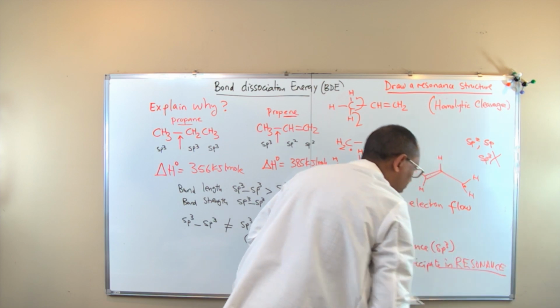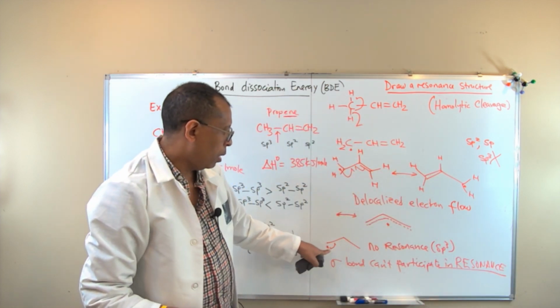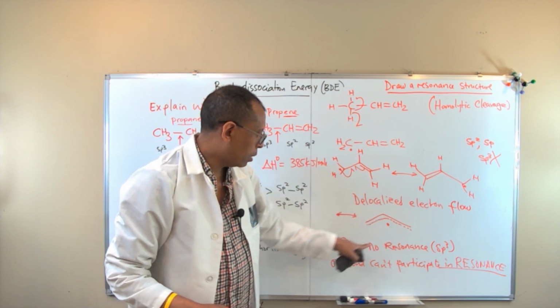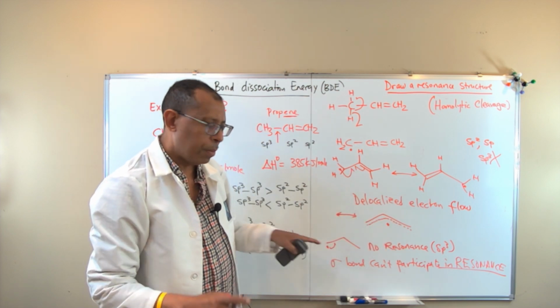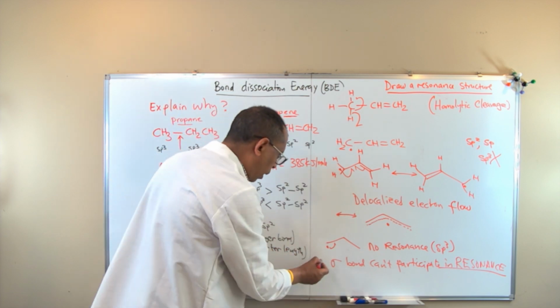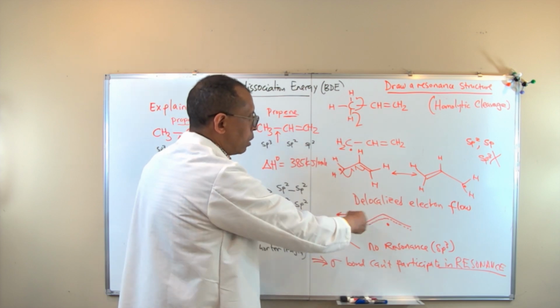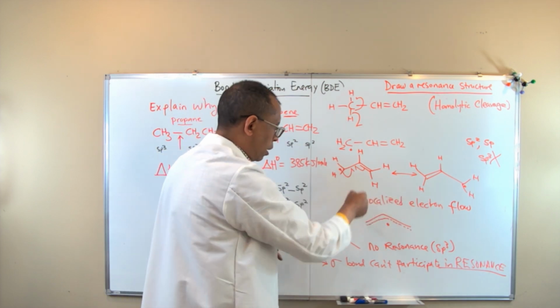Very important concept. You cannot make that electron delocalized over the pi system. You don't have that. So a sigma bond cannot. This is a very important concept. So that's the delocalized picture, the same equivalent.